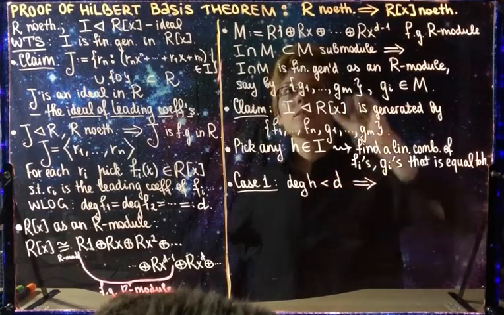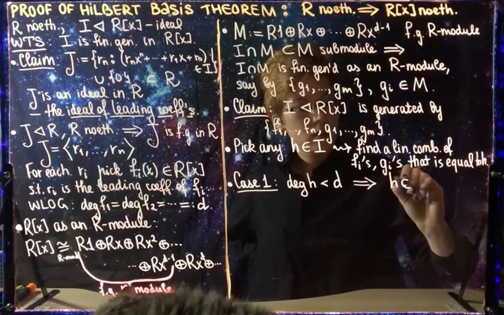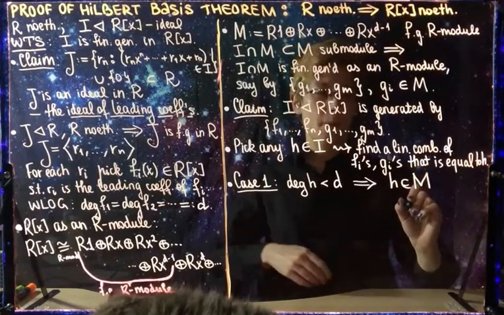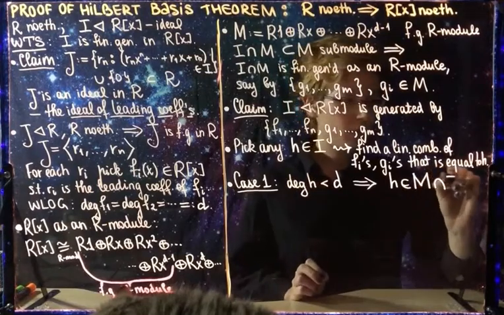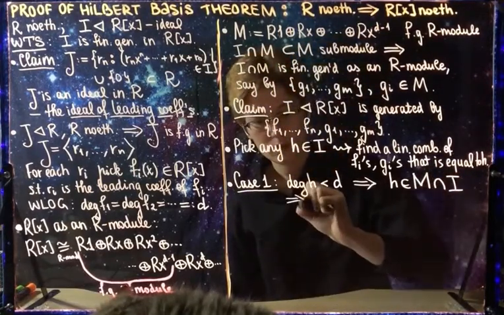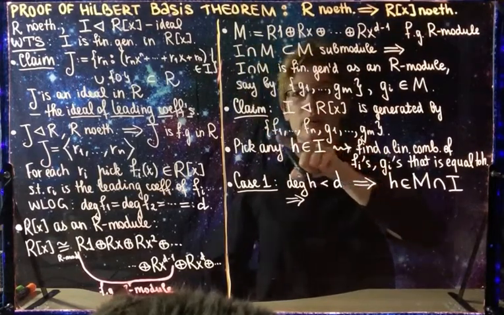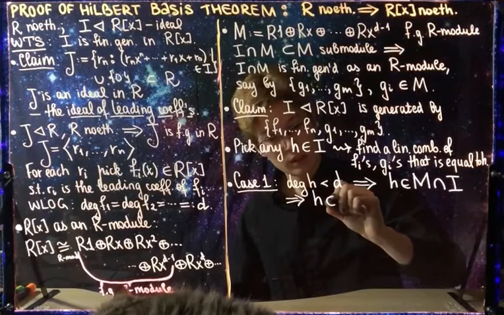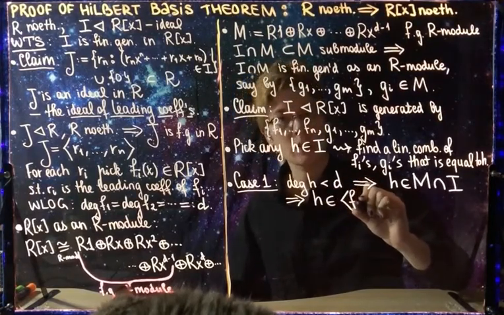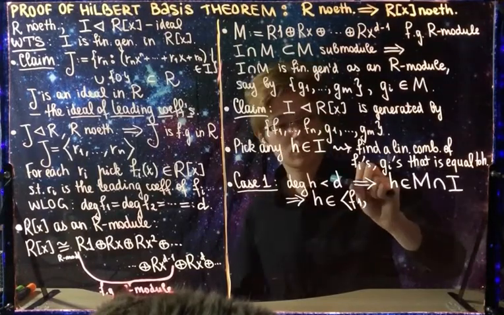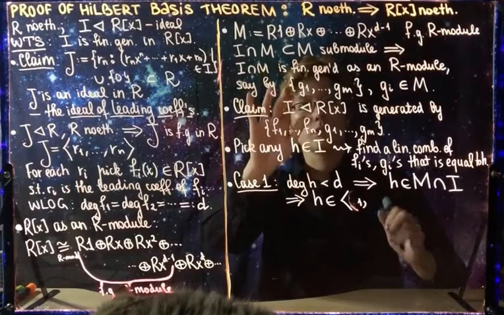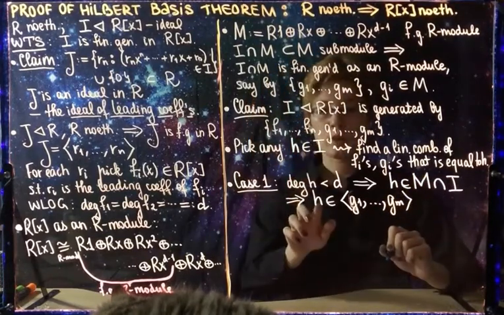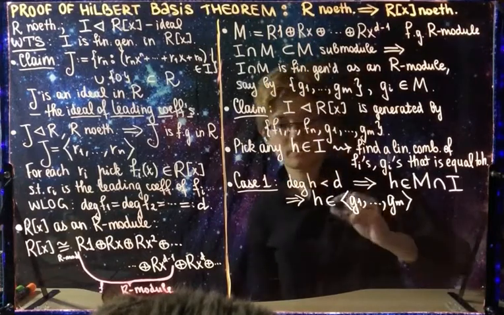Then H lives inside M. And H was in I, so it lives in M intersected with I. And so H is generated by the Gi's with coefficients in R. So H belongs to the ideal generated by F1 through G1 through Gm, and so we can generate H with this finite set.